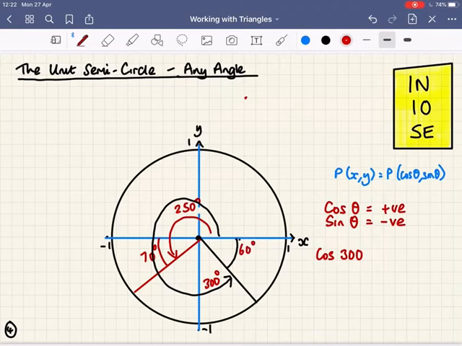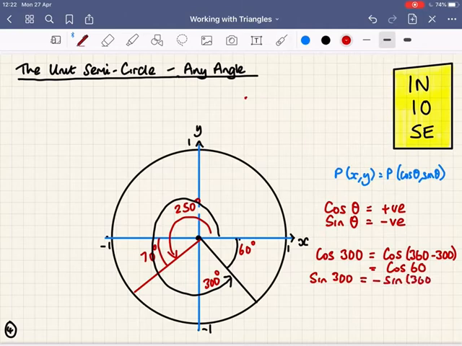So cosine 300 would be equal to the cosine of 360 minus 300, which is equal to the cosine of 60. Notice that the signs are the same because cosine is positive in both cases. Sine of 300 would be the minus sine of 360 minus 300, because sine is negative in that quadrant.